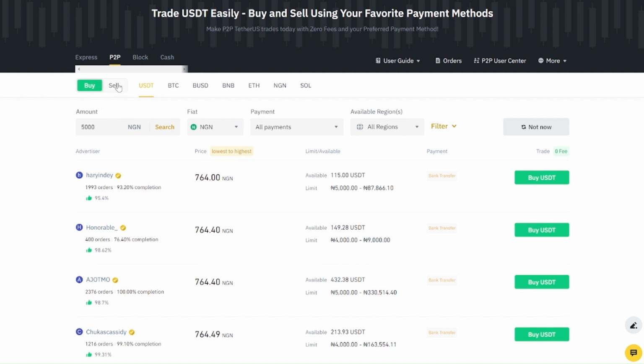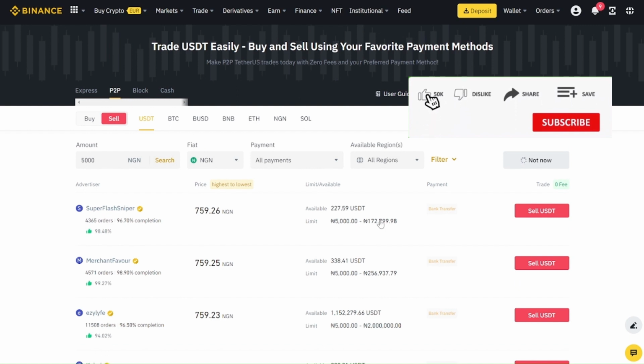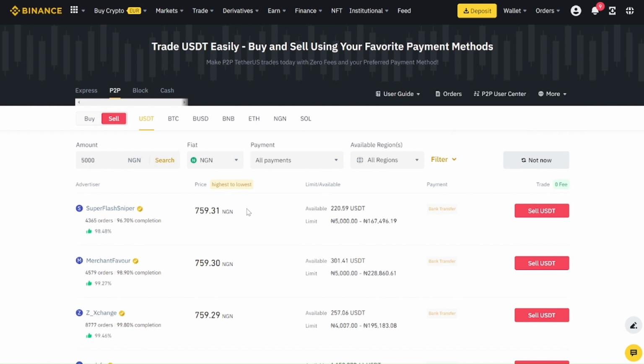So remember, if you were buying at this rate, you are buying at 760. Let's approximate this as if it's 760. So then you were able to buy $100 worth of this coin at this price. You will be paying 76,000 to buy $100 worth of this USDC at this rate.